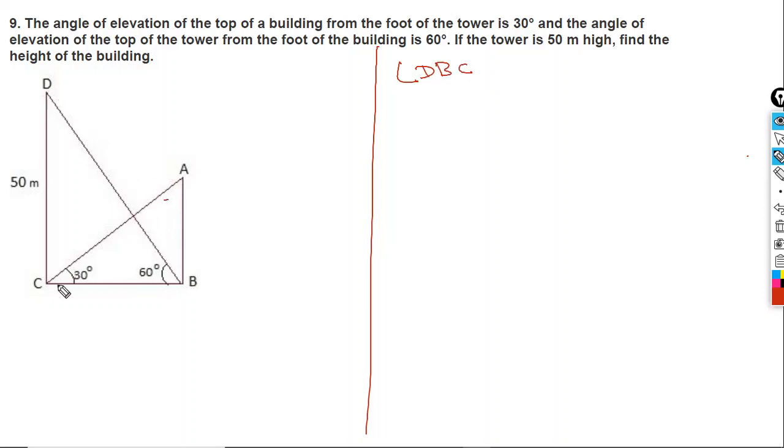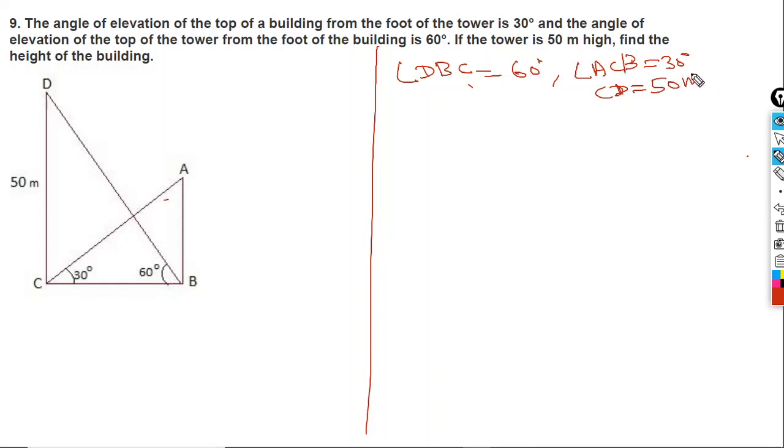Angle DBC equals 60 degrees. Then angle ACB equals 30 degrees, and what else? CD, or DC, you can write this length, CD equals 50 meters.